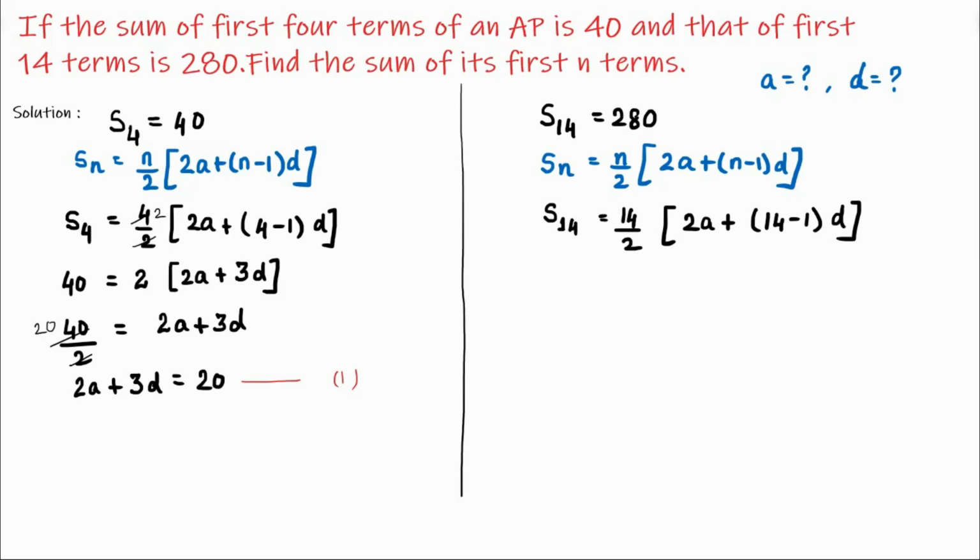Now the value of S14 is 280. So substituting 280 in its place, we get 280 equals 7 times 2a plus 13d.